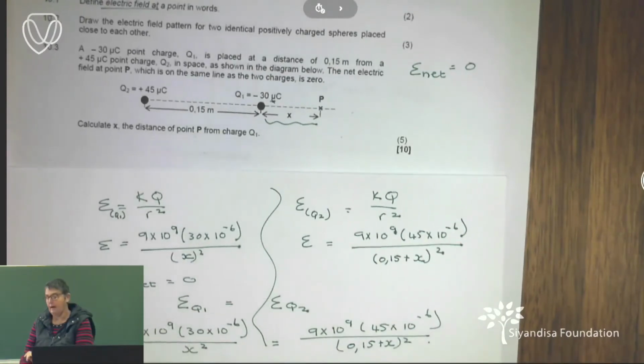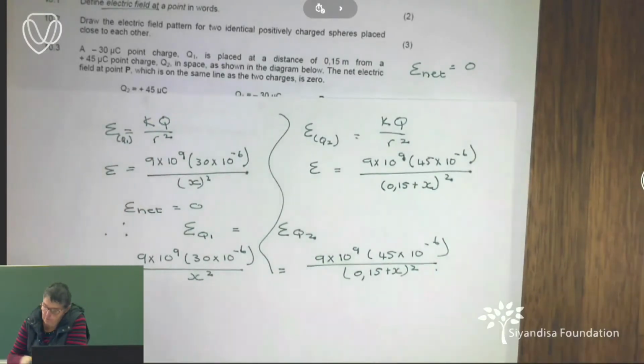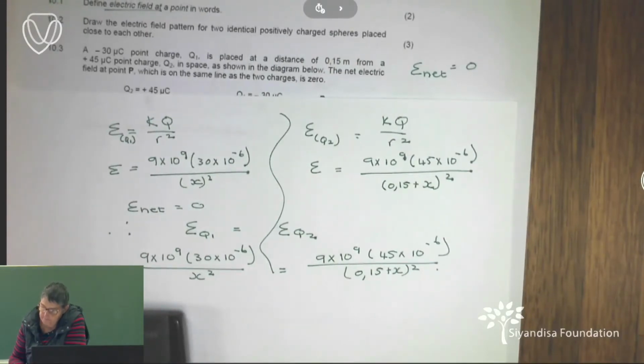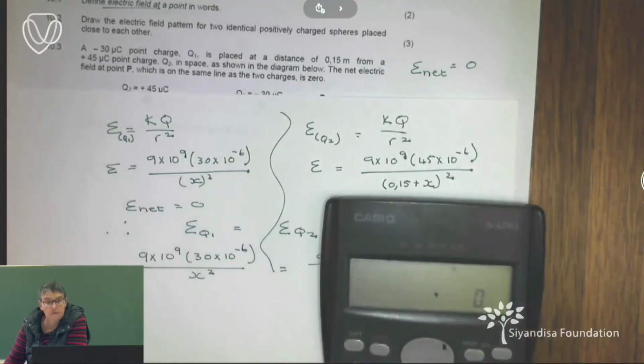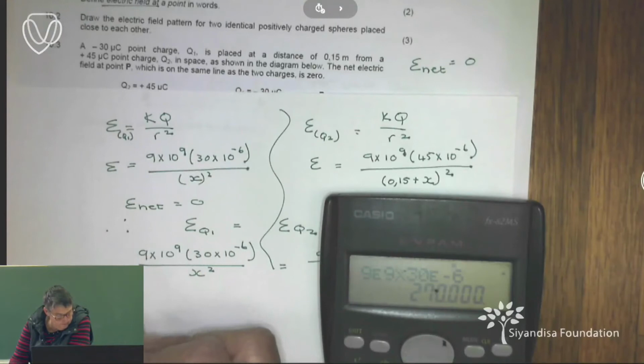Right. And now we have to do the maths. Right. I'm going to first just do the obvious things. Let's check. So it's going to be 9 times 10 to the 9th times by 30 times 10 to the negative 6 equals.